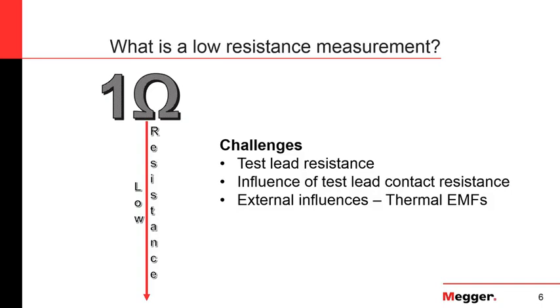Also, poor test lead contact, and if we have a joint between different metals, then we will have thermal EMF developed in the junction. So those are some of the challenges that we will face when making these measurements.